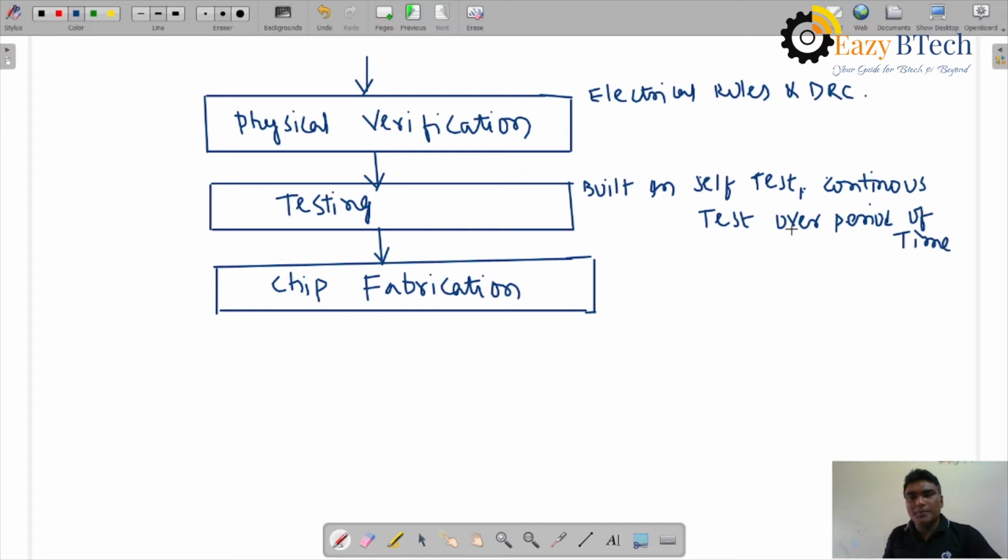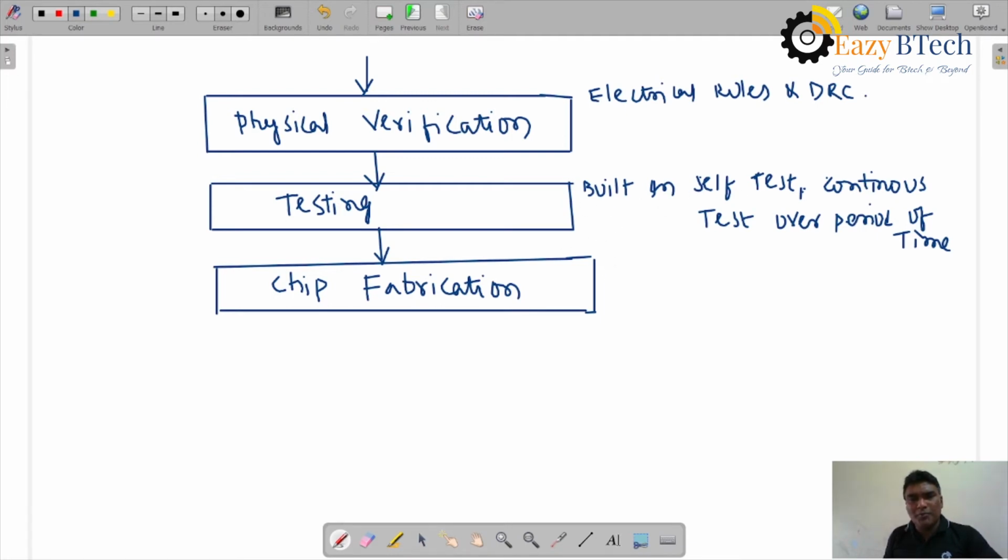So the chip will be verified. Whenever it goes to chip fabrication and the product comes out, it will be tested over a period of time, and there is an internal built-in self-test.